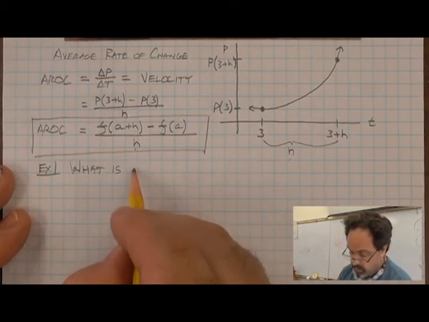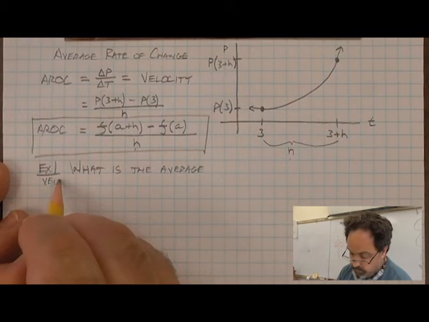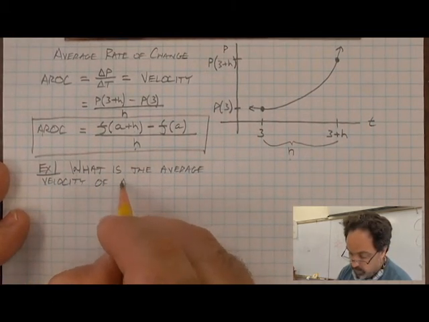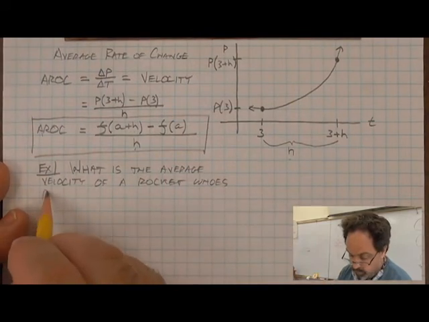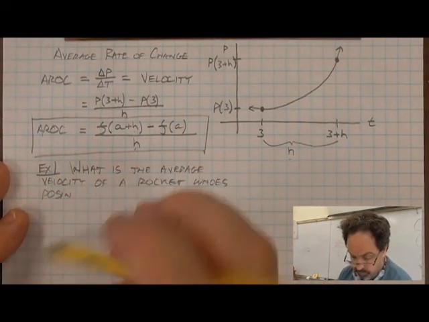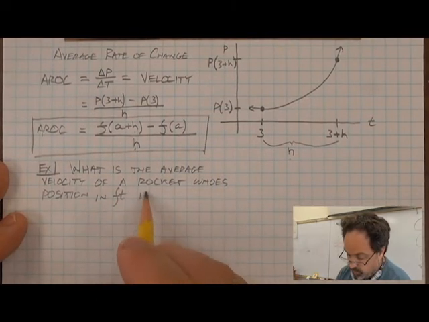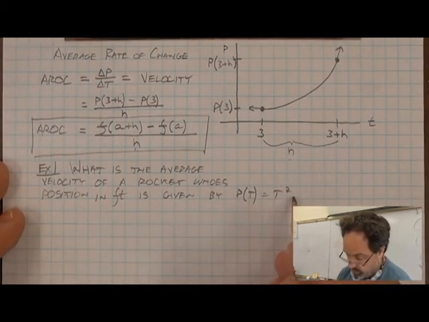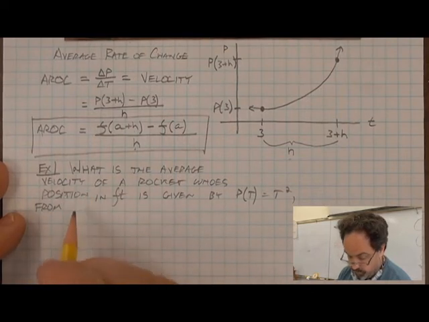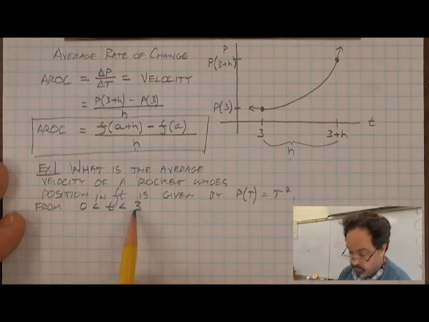What is the average velocity of a rocket whose position in feet is given by a function, position as a function of time equal to t squared, for t from 0 to 3 seconds.